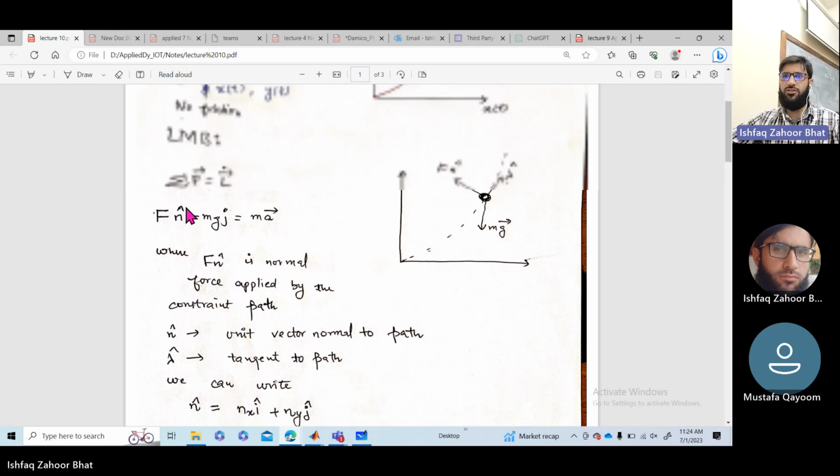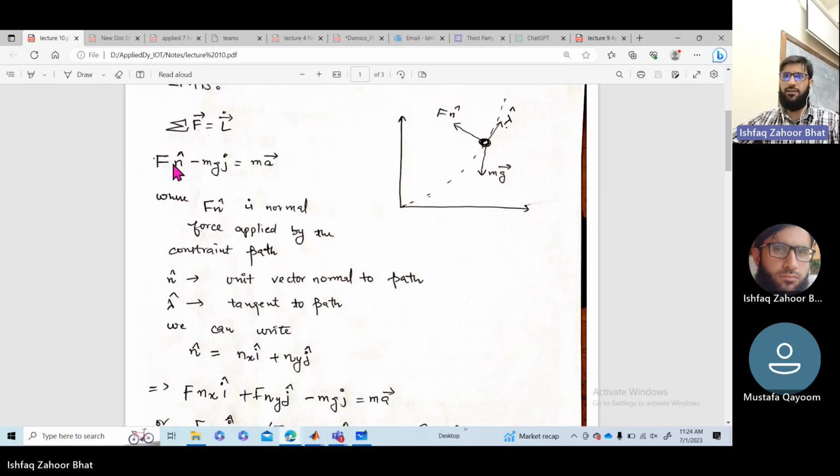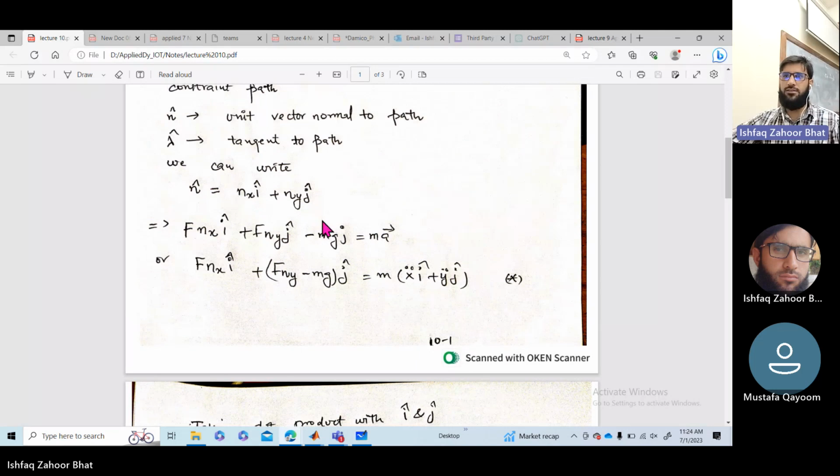Substituting this n here, I can write F n minus mg j equal to m a. Then collecting the i and j terms separately, F nx i plus (F ny minus mg) j equal to m times the acceleration, which is nothing but x double dot i plus y double dot j. So I get this equation.